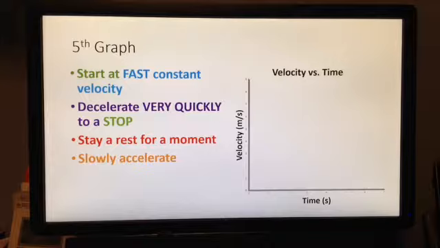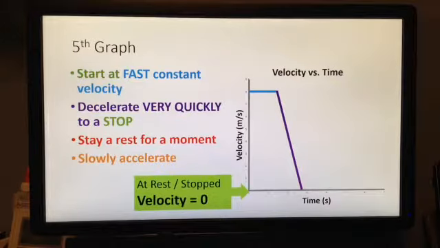Start at a fast constant velocity again. You're going to decelerate very quickly to a stop. Stay at rest, stopped for a moment, and then slowly accelerate.